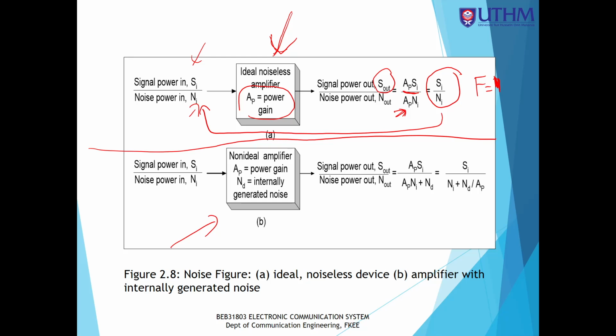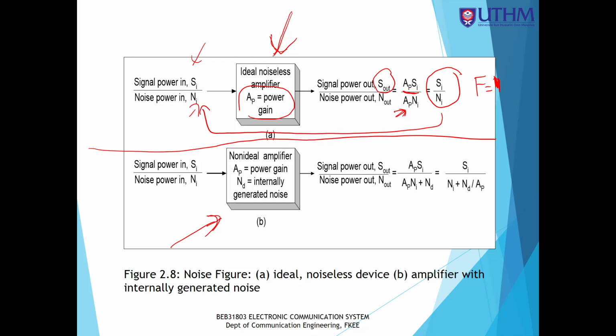Non-ideal means that the system itself gonna produce additional noise. Bermaksud sistem itu sendiri akan menghasilkan noise disebabkan oleh proses non-linear amplification, modulation process dan beberapa proses di dalamnya menghasilkan internal noise.